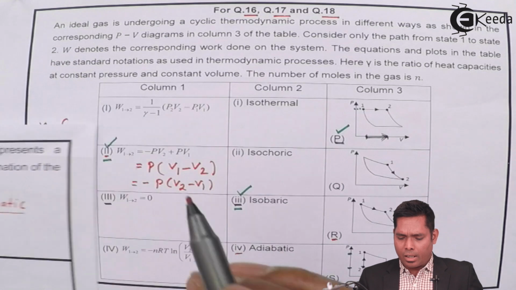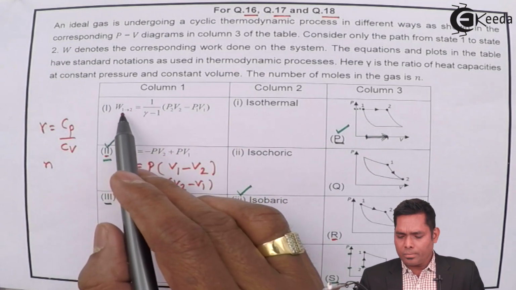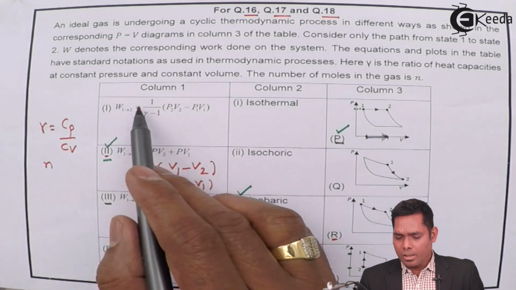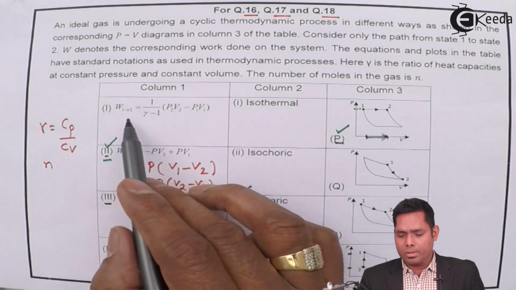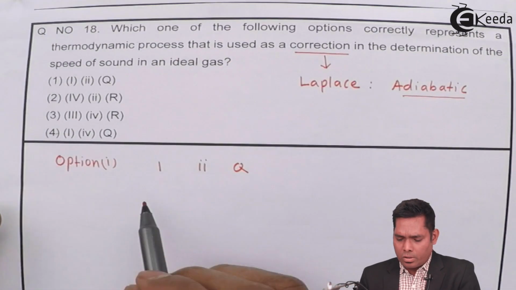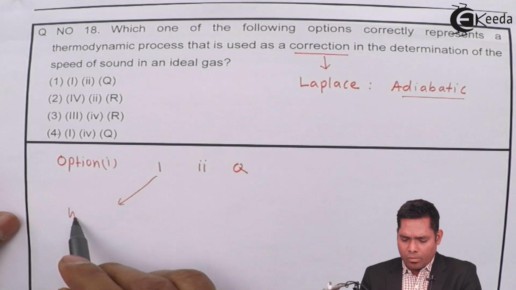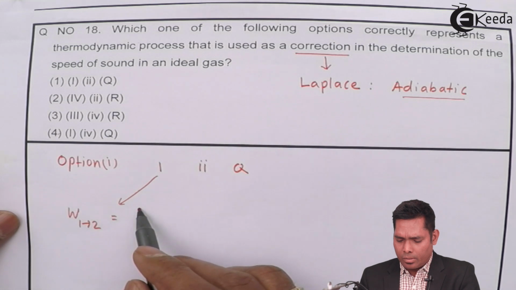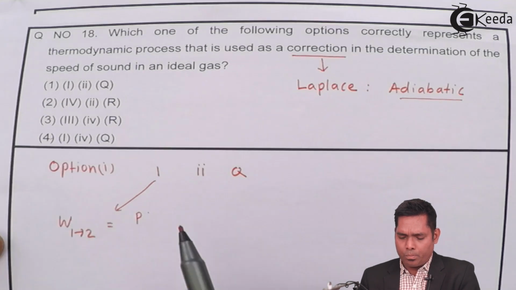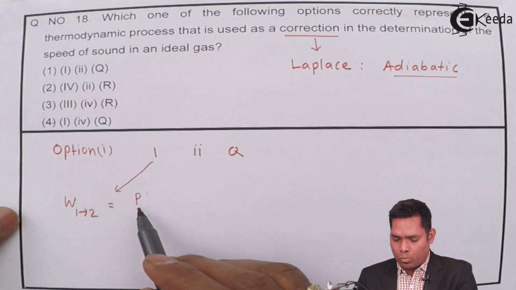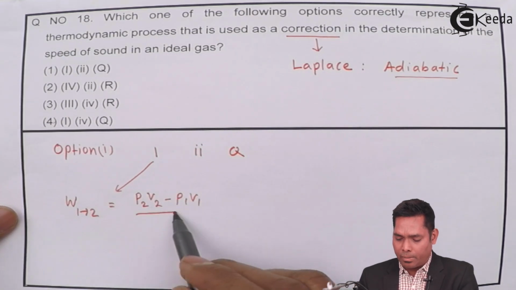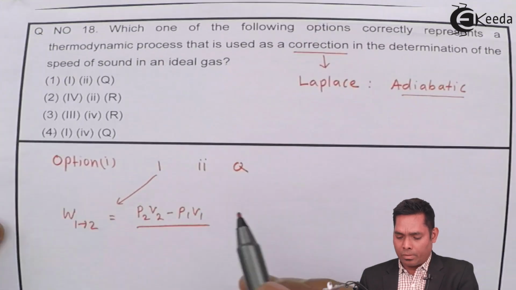As you can see, column 1 item 1 is the work done during the adiabatic process. So it talks about the work done from 1 to 2, that is P2V2 minus P1V1 divided by gamma minus 1.